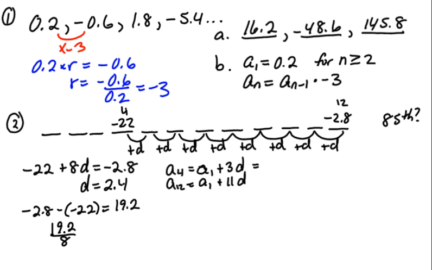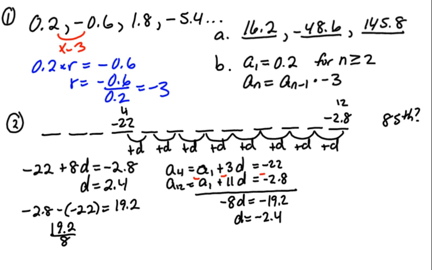A sub 4 is -22, and a sub 12 is -2.8. So then, if I were to subtract one equation from the other, I would get -8d is equal to -19.2, or d is equal to -2.4. Okay, so now, I'm sorry, positive 2.4.